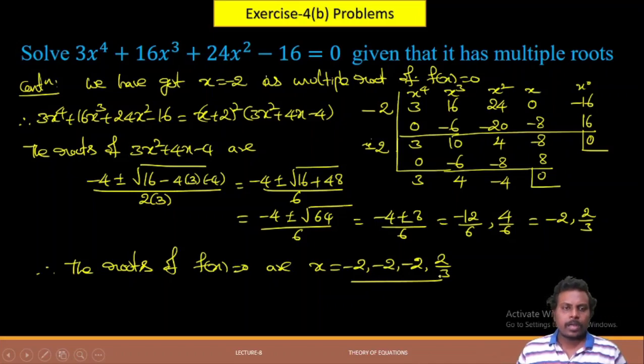So here -2 is a multiple root and its multiplicity is 3, but we are not given that information in the beginning. It is only given that it has a multiple root, and multiplicity is not given here. If multiplicity 3 were given, we could have differentiated the given f(x) twice and found the roots easily. Okay, right.